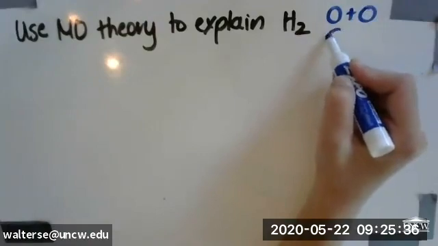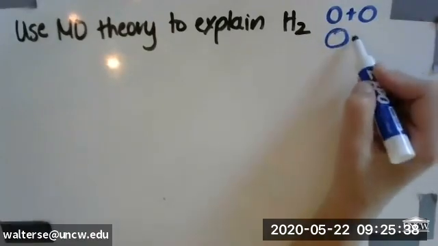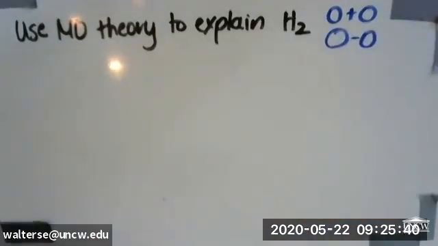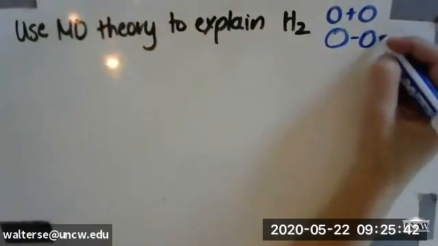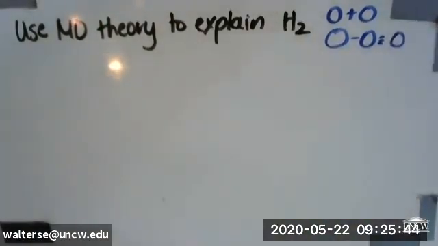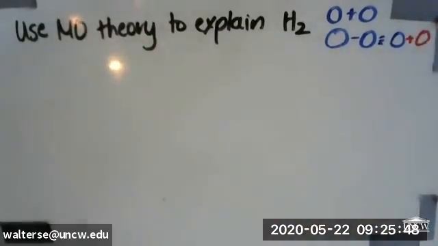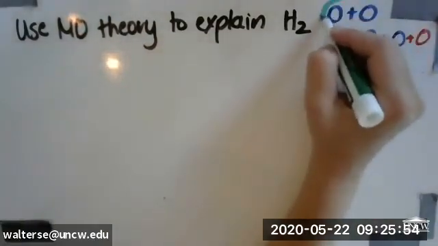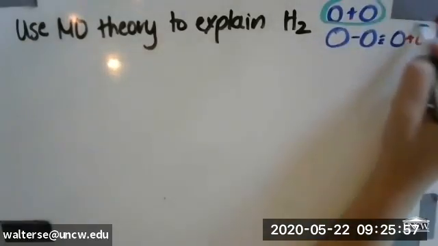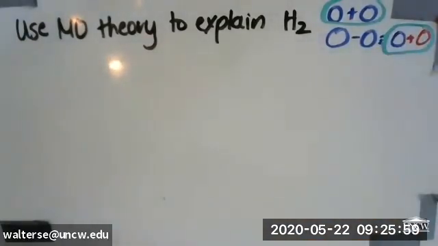You can either write blue minus blue, which is the same as blue plus red. I'm going to use this one and this one because it makes more sense to me. Those are the combinations I'm going to look at.